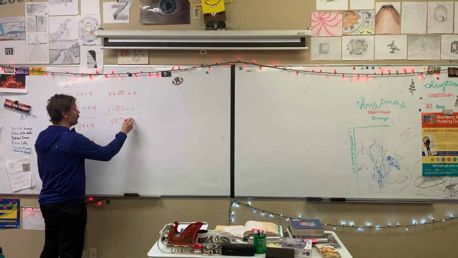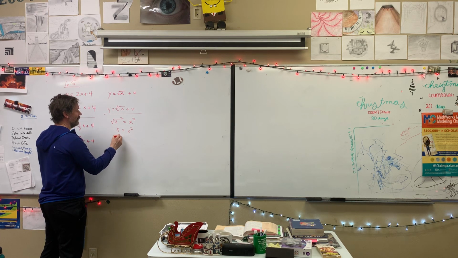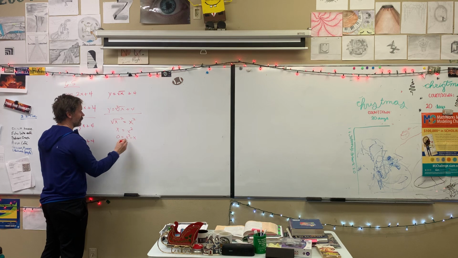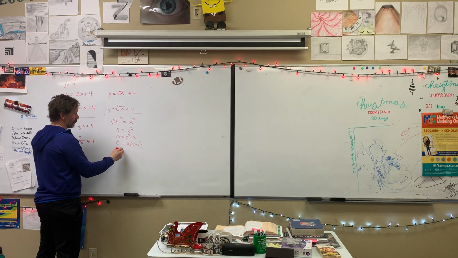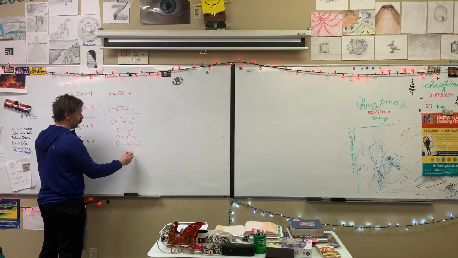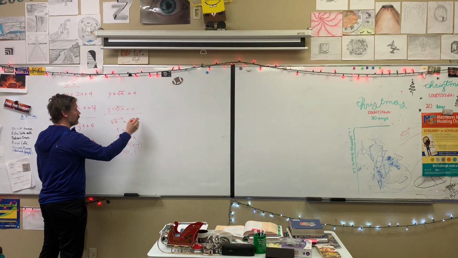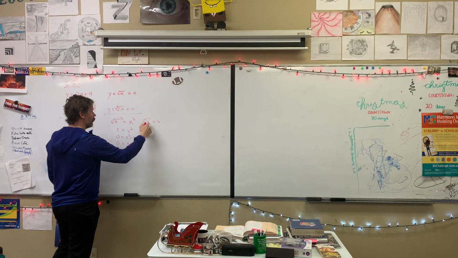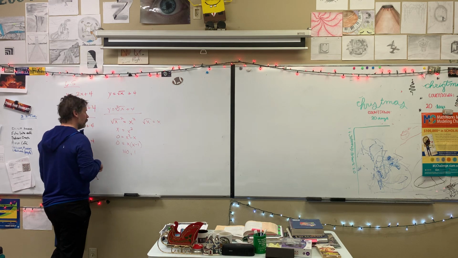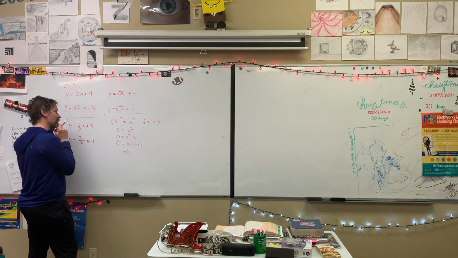If you square both sides, you get x is equal to x squared. I'm going to subtract the x and we have to factor. So x would equal 0 and 1. The original equation was square root of x is equal to x: 0, 0, 1, 1. That one works. So you actually don't end up with an extraneous root there.